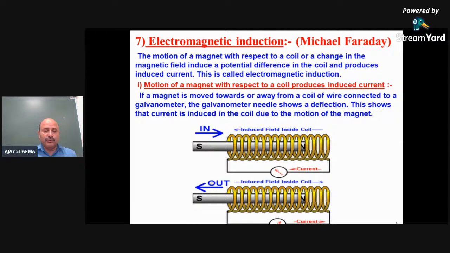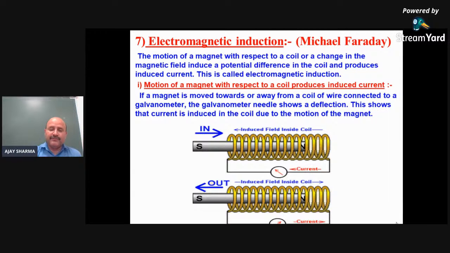Earlier we used to study magnetism and electricity separately, but when Michael Faraday introduced the concept of electromagnetic induction, it revolutionized the field. The concept was very clear that we cannot separate electricity and magnetism. And when we are not able to separate magnetism and electricity, it means they can both be studied combined. So it is a combined study now.